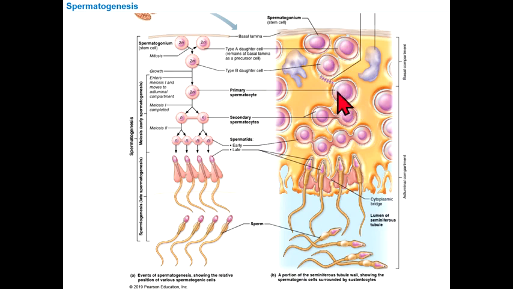We get the primary spermatocyte, which divides into haploid secondary spermatocytes, which goes through meiosis 2 to get the spermatids, and then spermiogenesis ends in the lumen, in the seminiferous tubule. We'll see these tight junctions again, come back to it and why they're there soon.